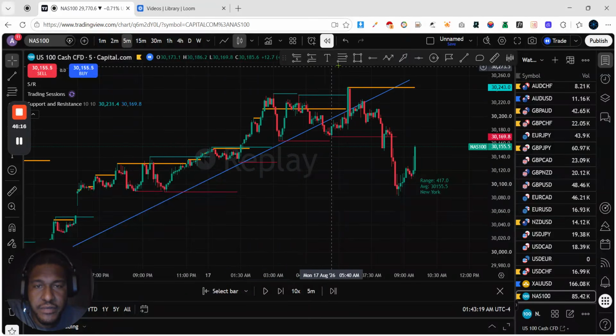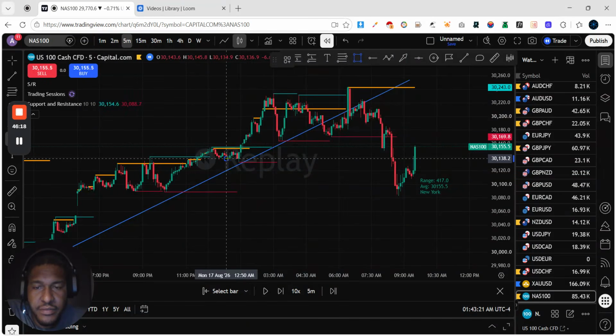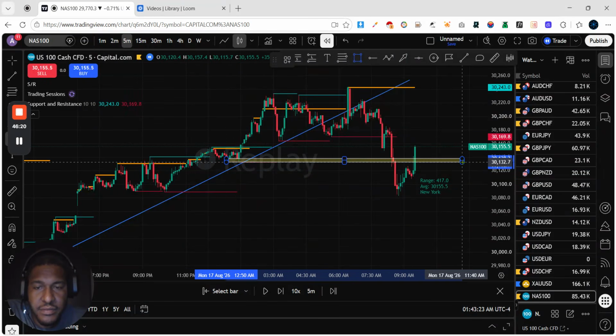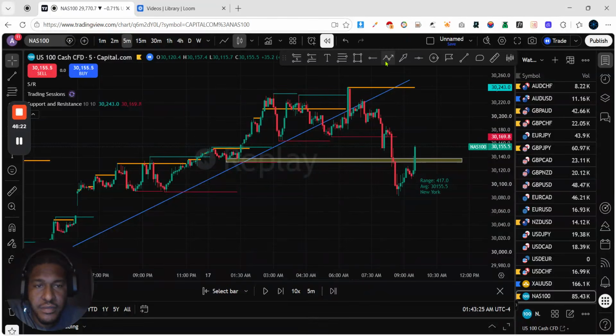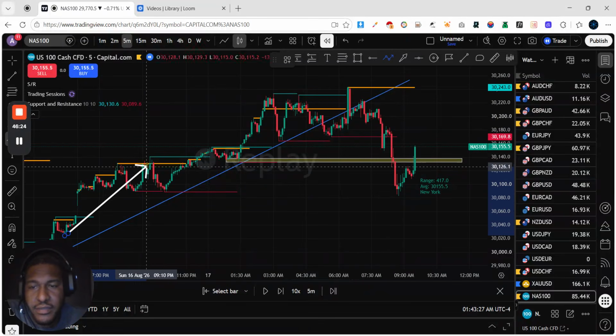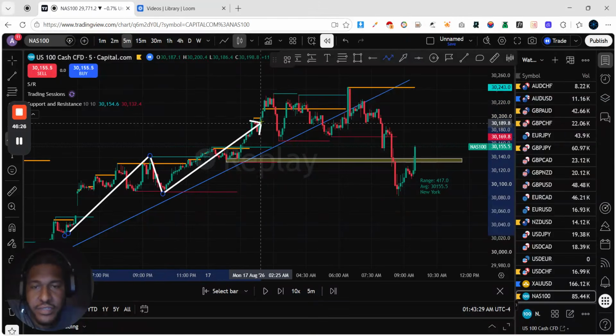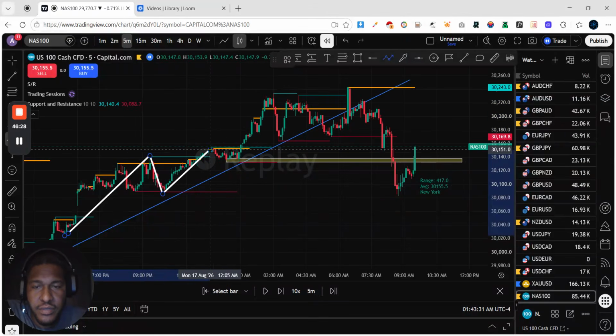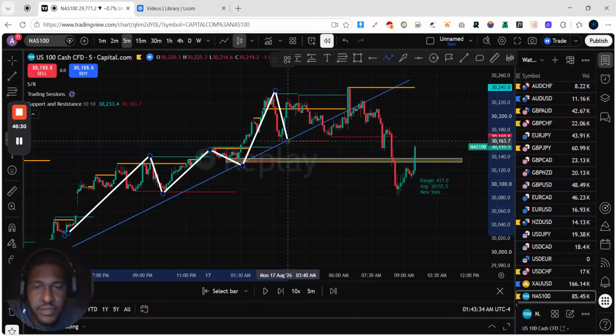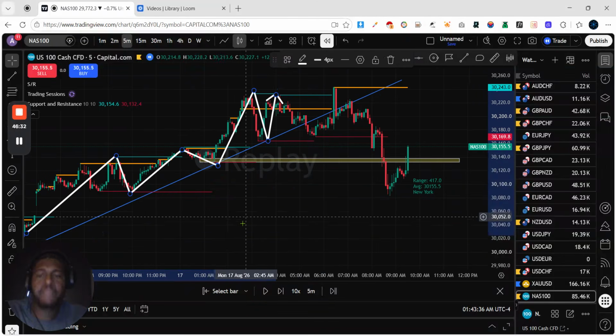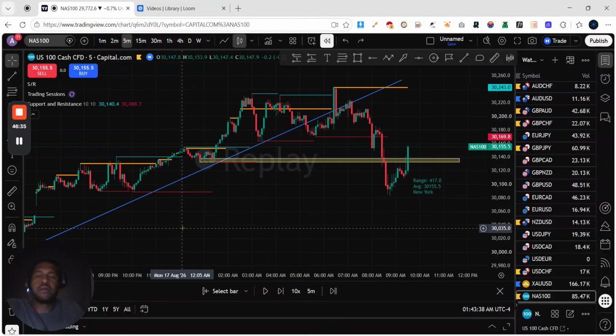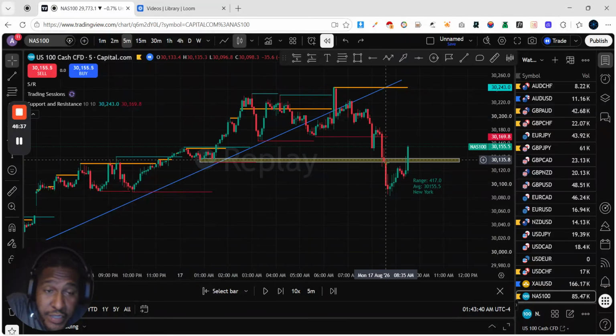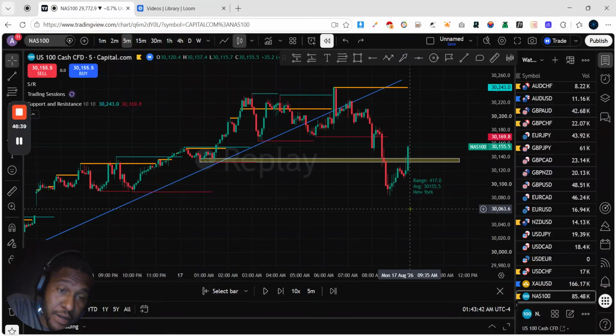I'll say this right here is the last low. You got price, correction, continuation, correction, continuation, correction, right? So if we're above here, we're selling. If we're below here, we're above here, we're buying. Below here, we're selling.